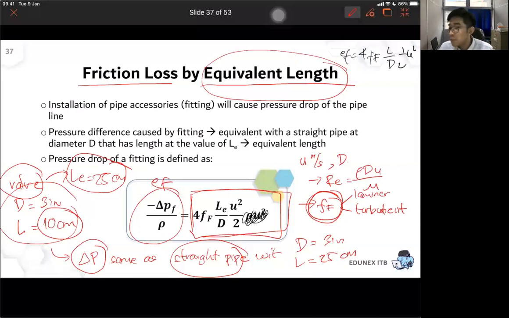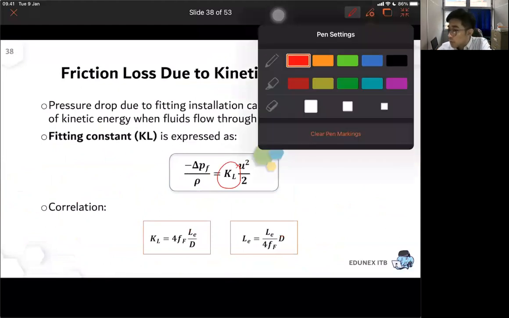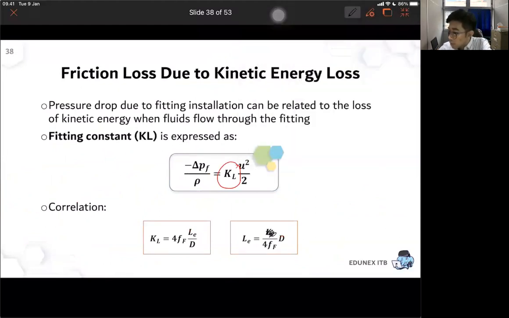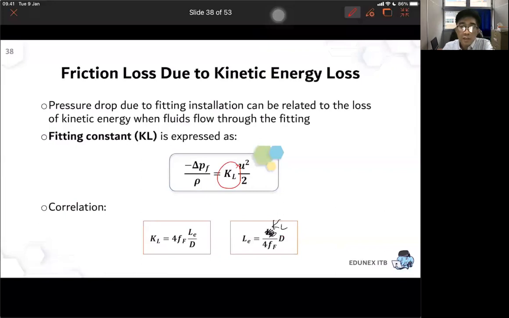The other method to calculate the friction loss by fitting is if you know the fitting constant. Sorry for the typo. If you know the value of the fitting constant, where do you get the fitting constant? Again, it's from the data. The data comes from experiments done by somebody else.